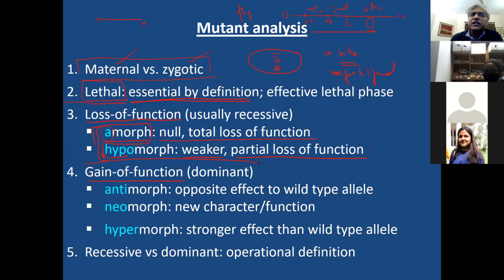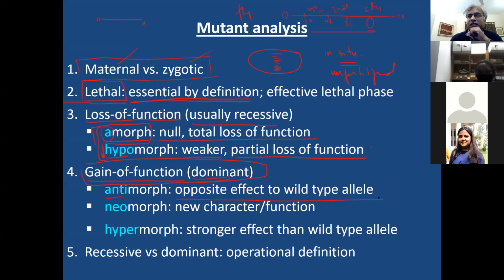The other mutations can be gain of function mutations. Gain of functions are normally dominant mutations, and loss of function are normally recessive mutations. Gain of function can be antimorph. Due to mutation, your gene of interest has acquired some new function which is opposite to the effect of wild type.